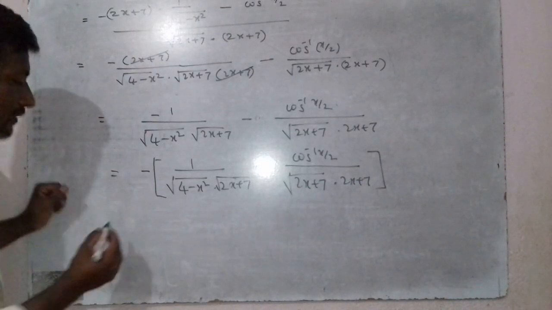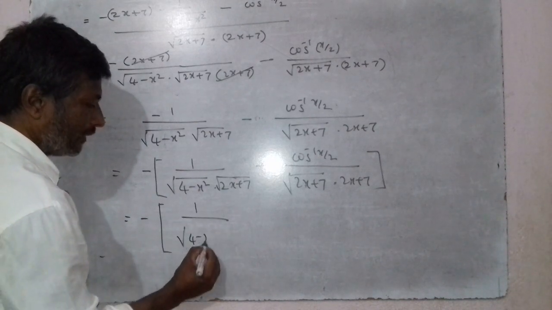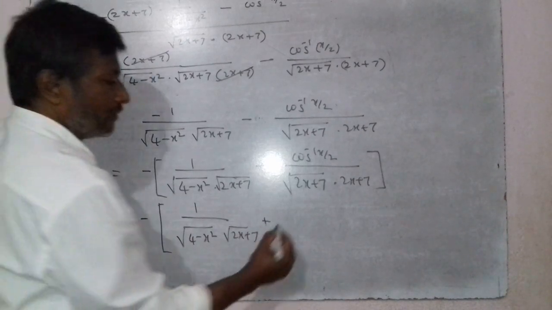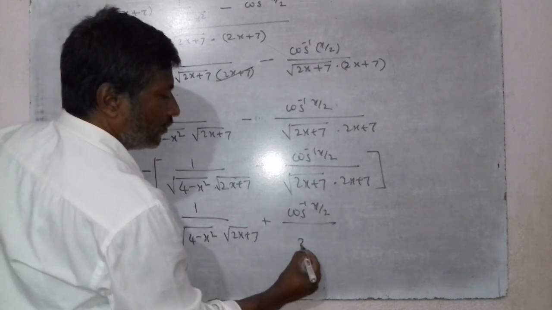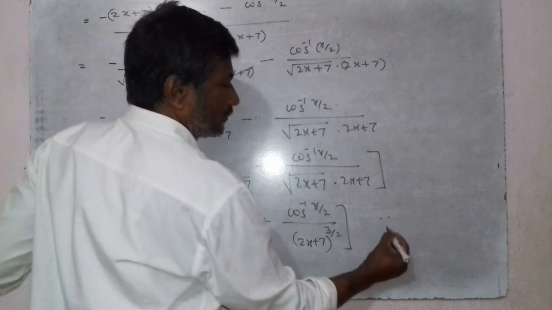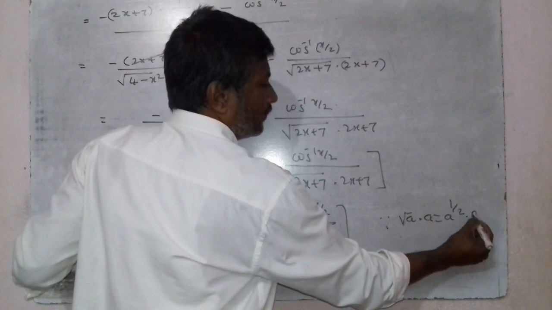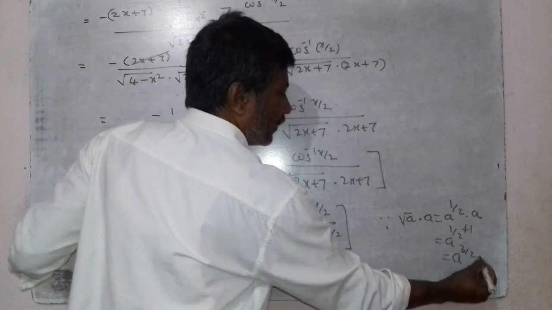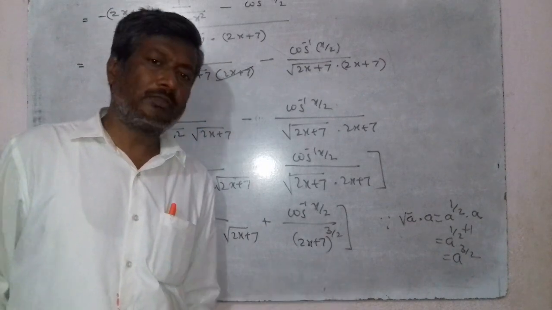Or this is 1 upon root of 4 minus x square root of 2x plus 7 plus cos inverse of x by 2, over 2x plus 7 raised to 3 by 2, because root a into a is a raised to 1 by 2 plus 1, which is a raised to 3 by 2. So root a into a becomes 3 by 2.